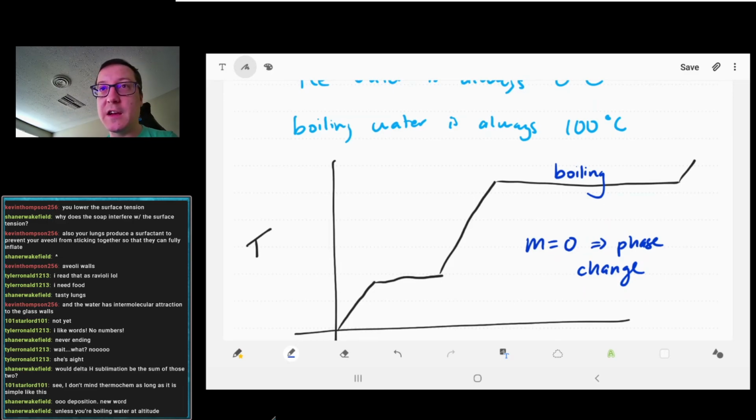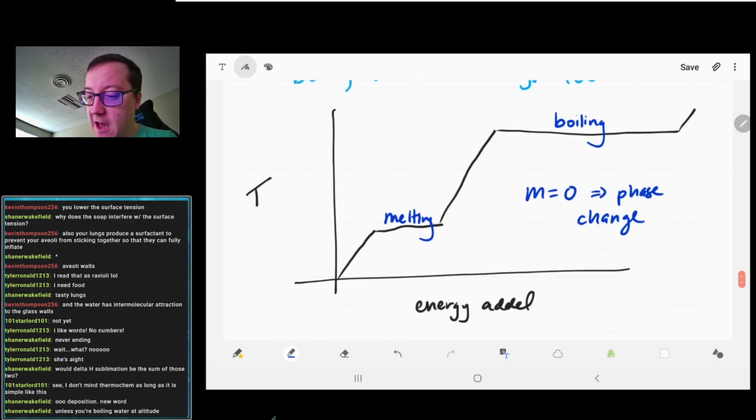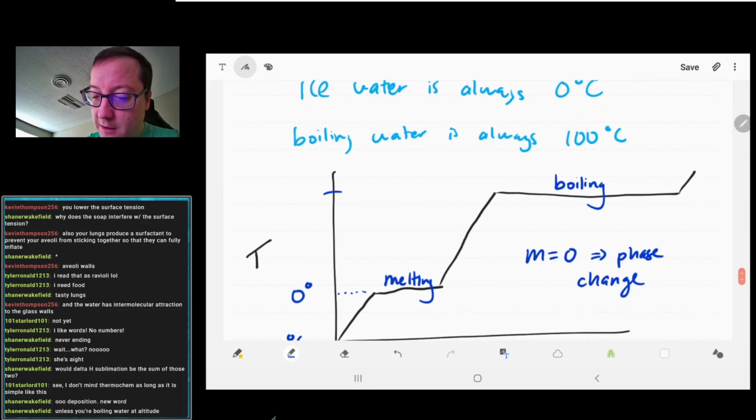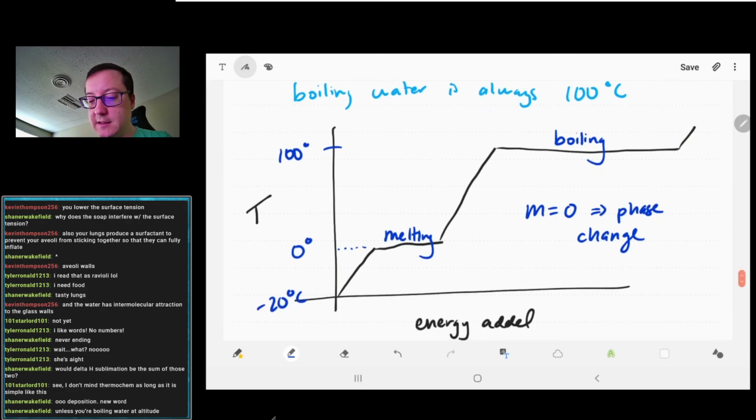That's where our boiling takes place. Here is our melting. So if we keep adding energy to this system, and we start with ice, let's say at negative 20 degrees Celsius, this melting one would be about 0, again depending on a few things. And here we would have 100 degrees, which is where your boiling is taking place. You can use Celsius for this, no problem.